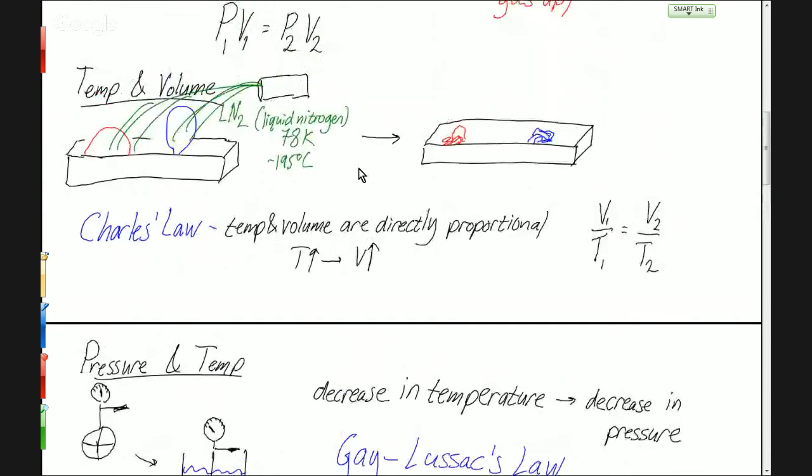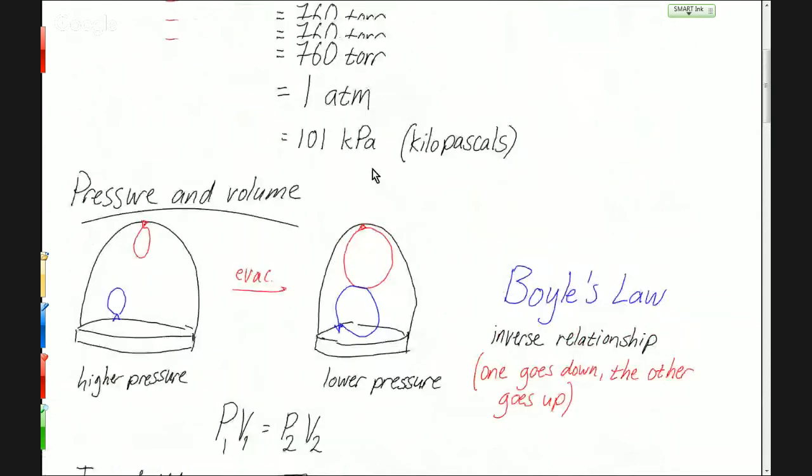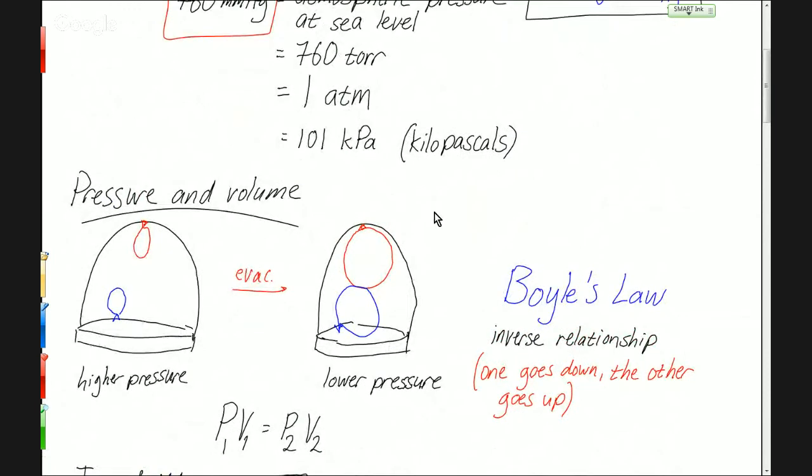All right, so then finally, last couple. How do you explain Boyle's law using the kinetic molecular theory? How do you talk about the relationship of pressure and volume when temperature stays constant? Thinking about these ideas of collisions and speed.